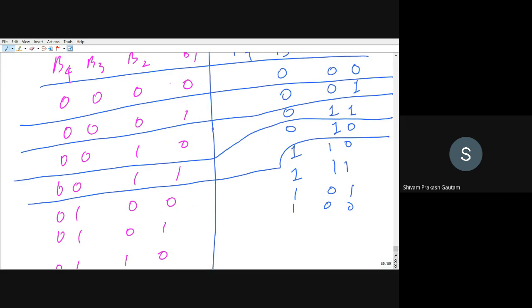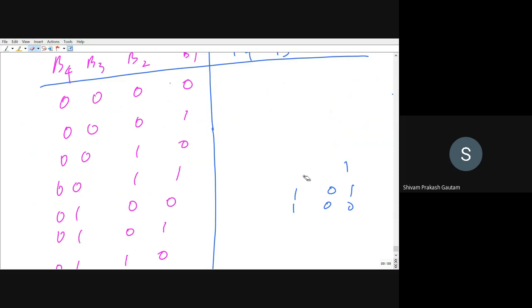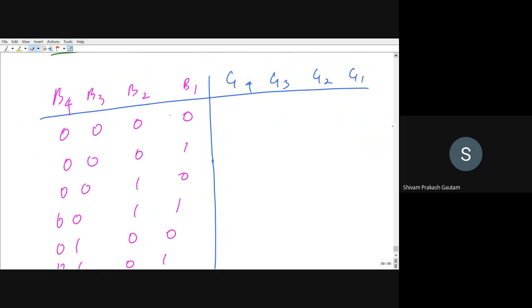I think I will draw it again. Okay, so all of you know how to write the gray code. So I will be directly writing. Just check, see.